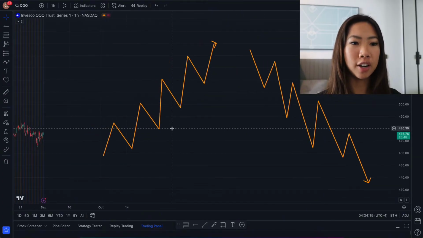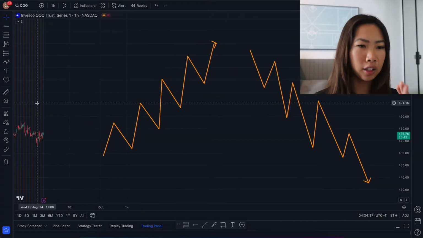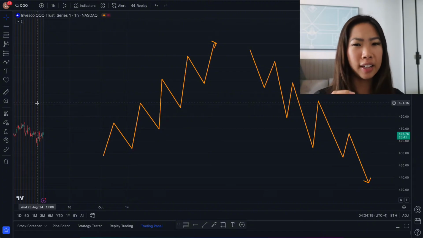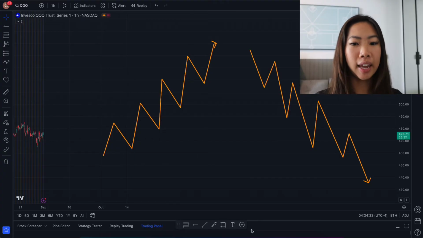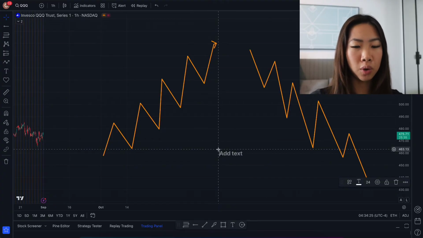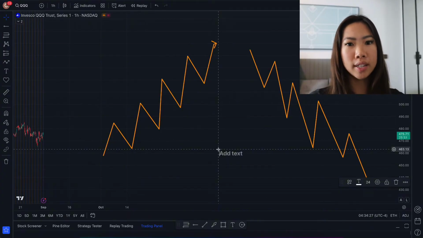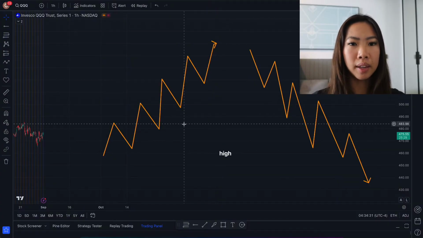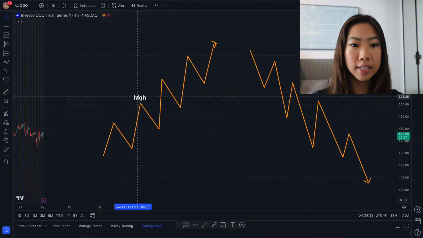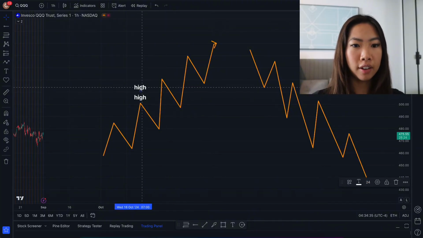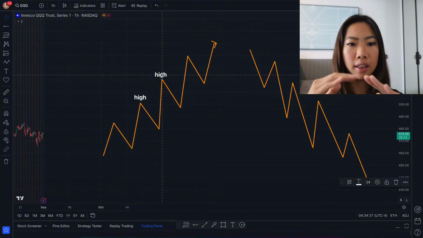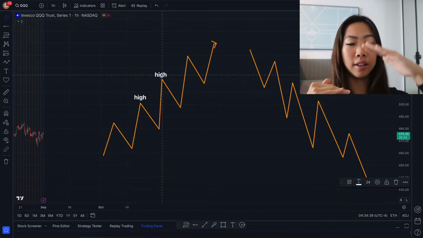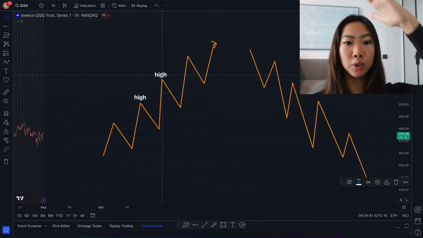Now, if you are starting out trying to understand the lingo, it can get a little confusing. To really understand what is a high and what is a low: in a bull trend, these are the highs, because they are on the upper side of the bull trend.